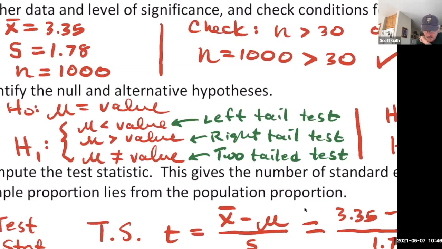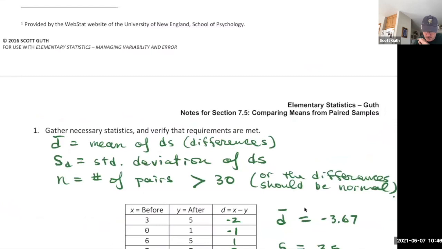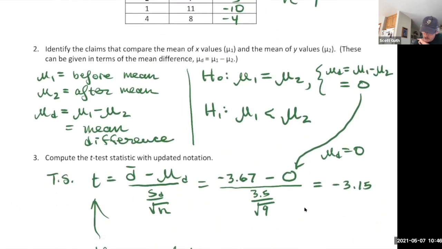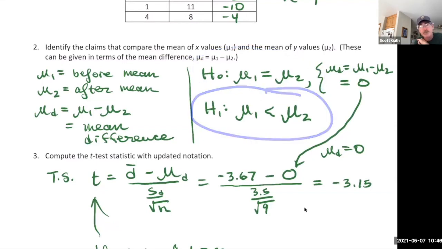Every hypothesis test will have an alternative hypothesis, so we better have one. I'm going to pop up and see if I can find it. On this question, we said our null hypothesis is always an equal, and here we did left. So we could add to this now that this is a left tail test.